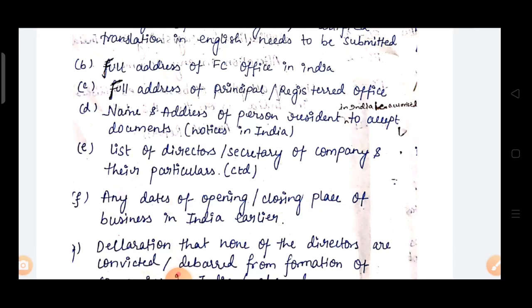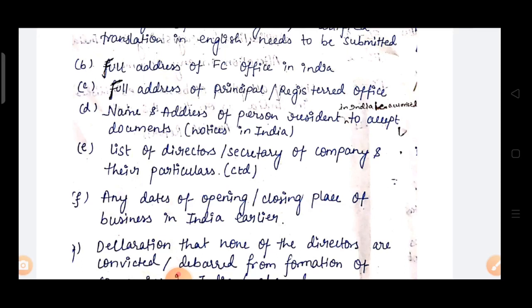Because if the notice or documents related to the foreign company are addressed and sent to the person resident in India, at the address provided, then it will be deemed that the documents are served to the foreign company.